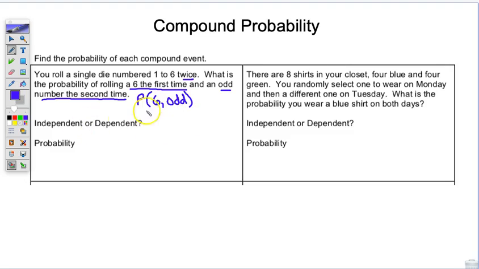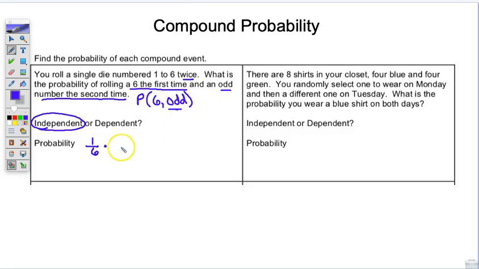Okay, so these are two separate rolls of the die. One does not depend on the other, so this is considered an independent event. So the probability of getting a 6 on a die is 1 out of 6. We're going to multiply that times the probability of our second event, which is we want to get an odd number on our second roll.